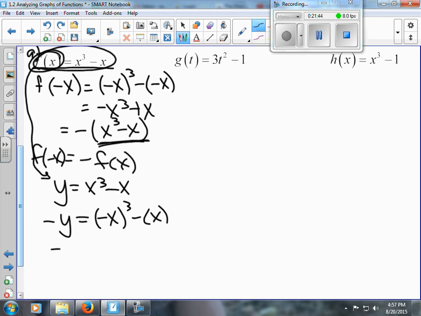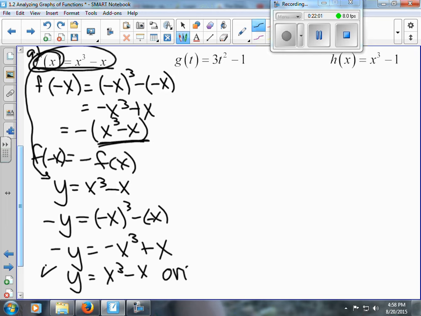You don't have to do both of these. Then I get negative y equals negative x cubed plus x. And then if I multiply both sides by negative 1, then I get y equals x cubed minus x, and that's the original. And so I have, again, origin symmetry, or we say my function is odd.